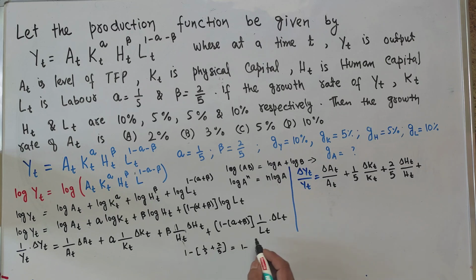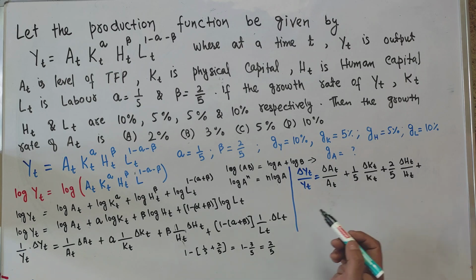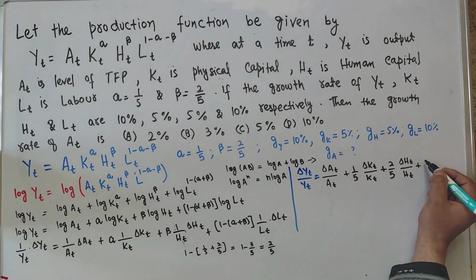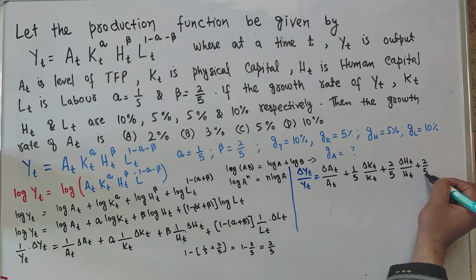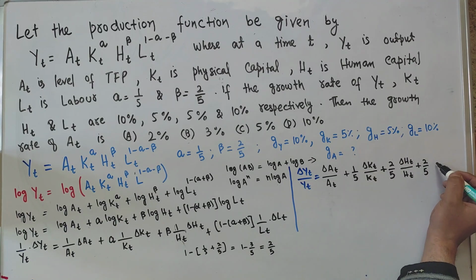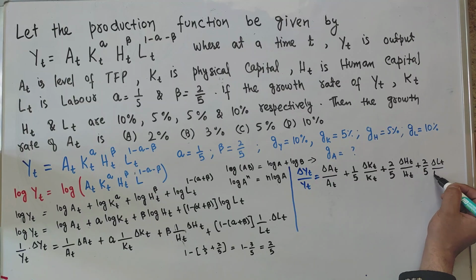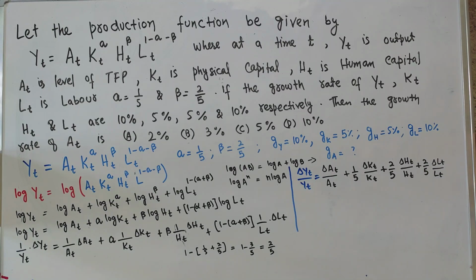It becomes 2 plus 1 is 3 upon 5. This is equal to 2 upon 5. Okay, so this whole 1 minus alpha plus beta sums up to 2 upon 5. So let's write it here 2 upon 5 times del lt upon lt.